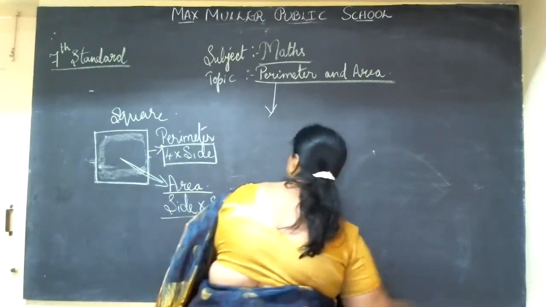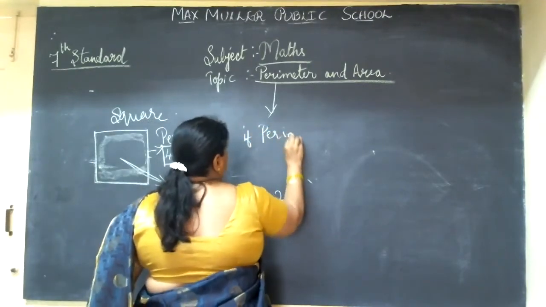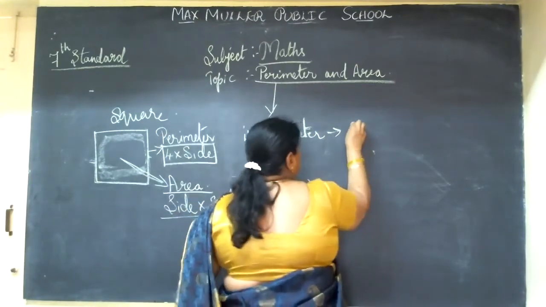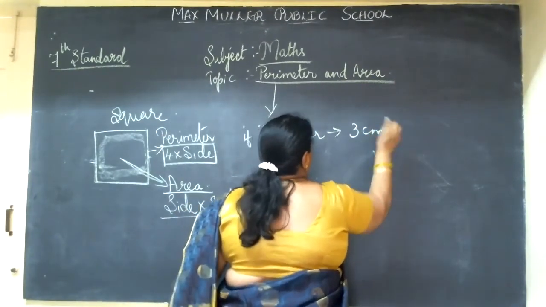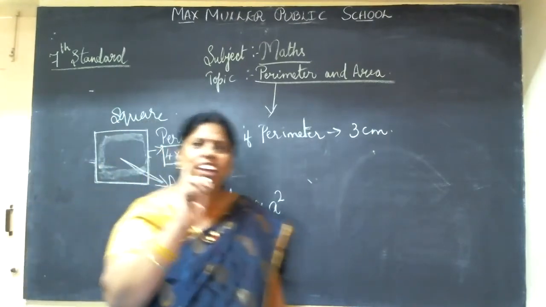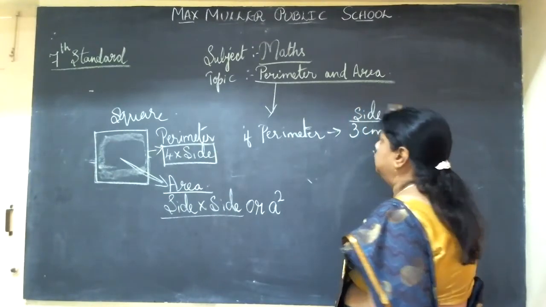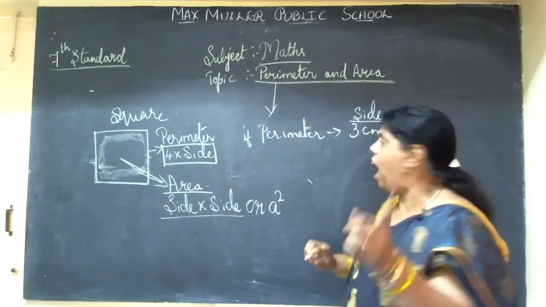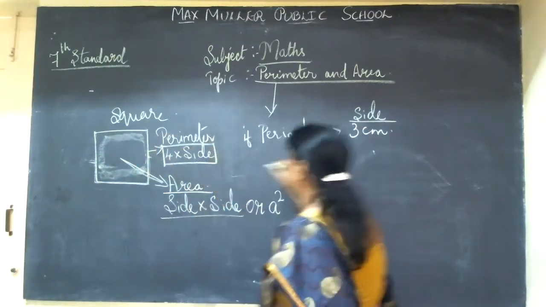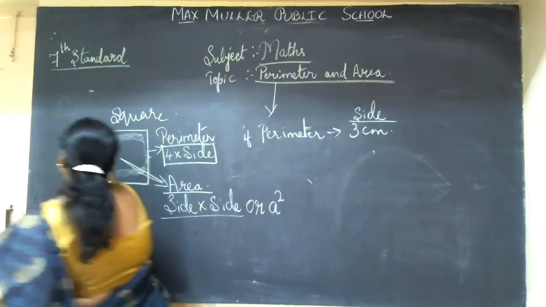See here. We have to calculate the perimeter of a square, and in the square we give the side as 3 centimeters.